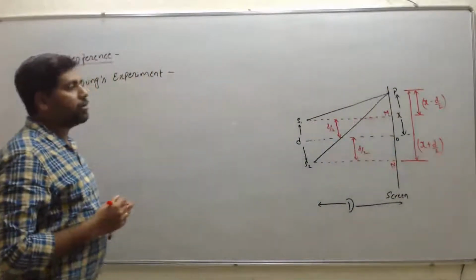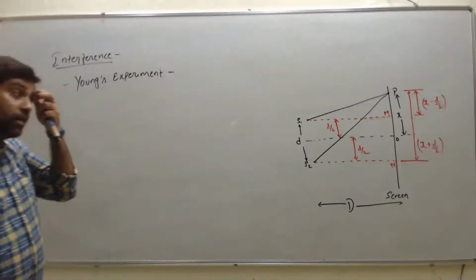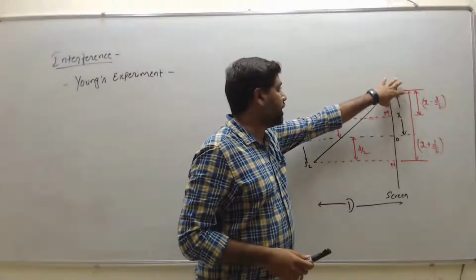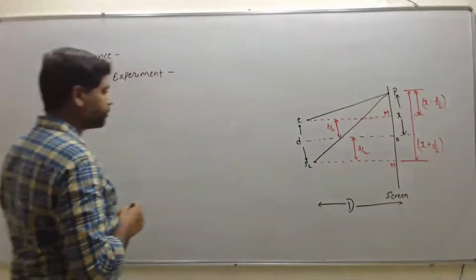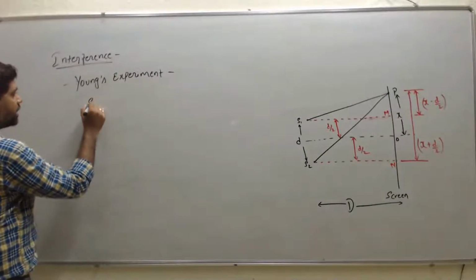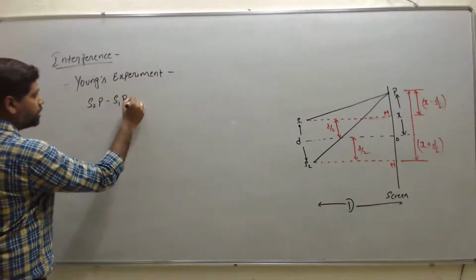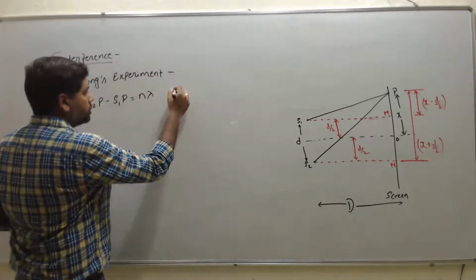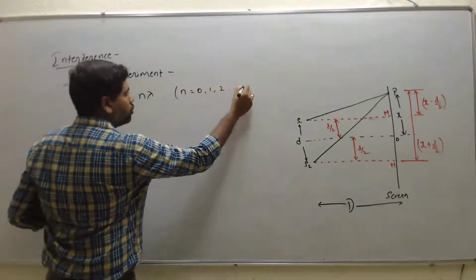If we consider that at P we have the maximum intensity from the point O, then we can write S2P minus S1P equals n lambda, where n varies as 0, 1, 2.